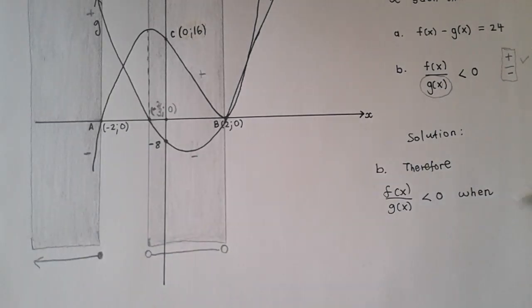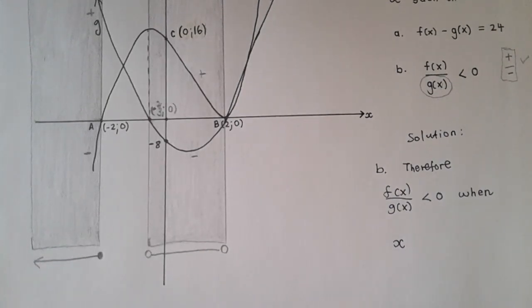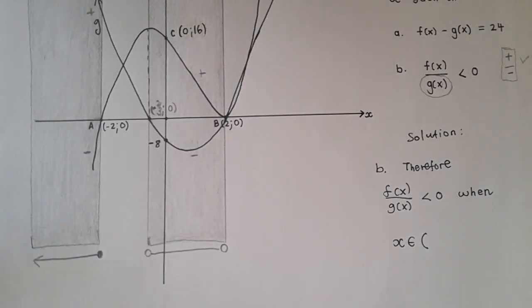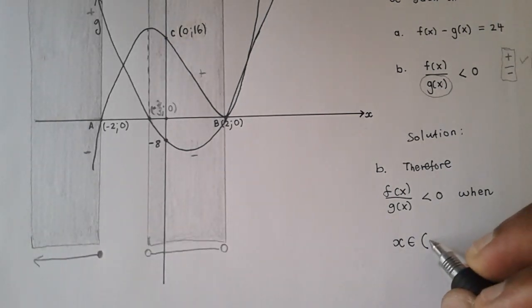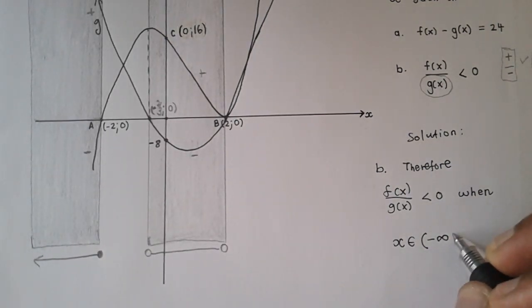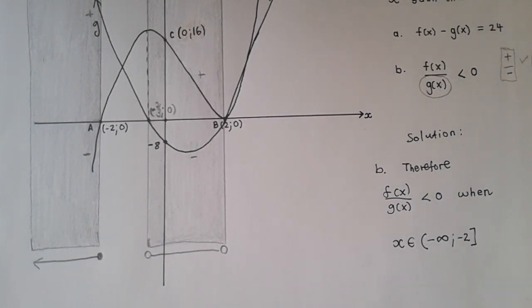Okay, so we're going to have x is an element of, starting, basically you're going to write it coming in this way. Okay, so we're going to have negative infinity up until we get to negative 2, and this time that is included.